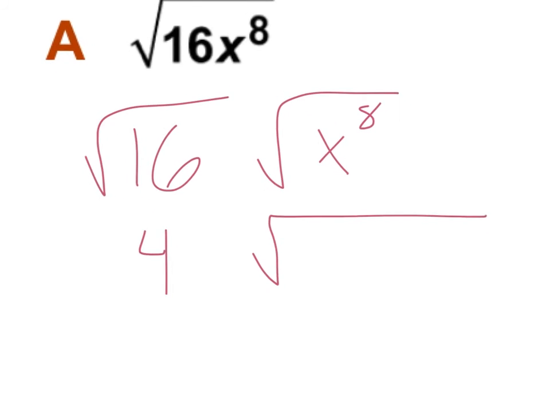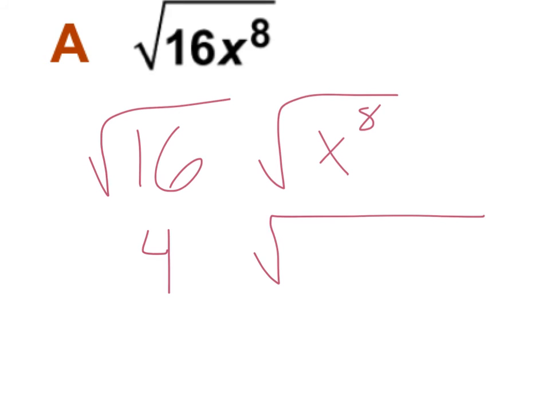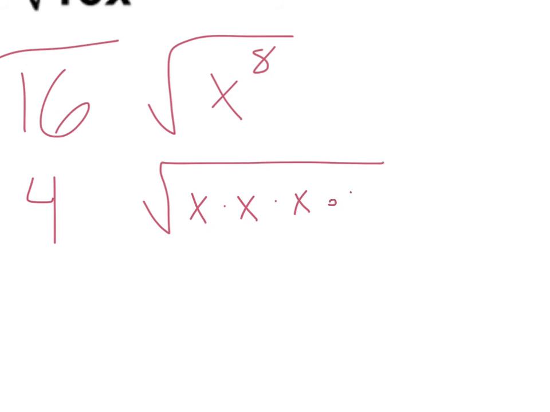If we broke down x to the 8th power, it would break down into 8 x's. So x times x times x times x times x times x, 1, 2, 3, 4, 5, 6, 2 more. So we're just going to circle pairs of 2's.